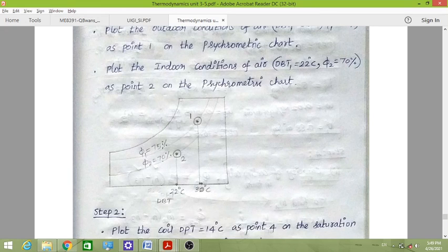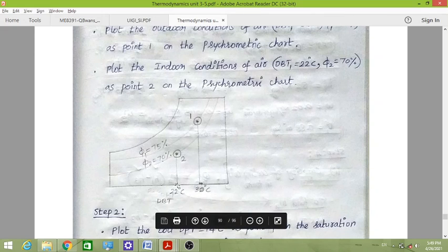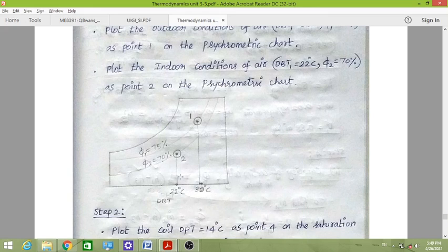This is the RH curve, this is 30, so from here we intersect and call it 1. Similarly, on the 70 RH curve, from 22 degrees put a vertical line and meet the intersection of the 70 RH curve and the 22 degree DBT vertical line, which becomes point number 2.